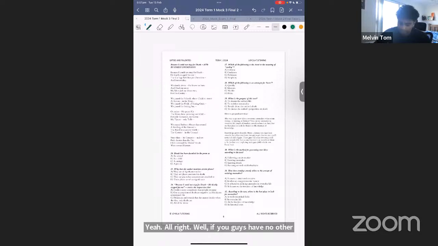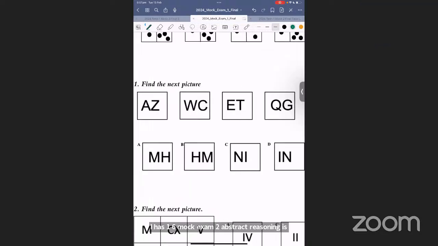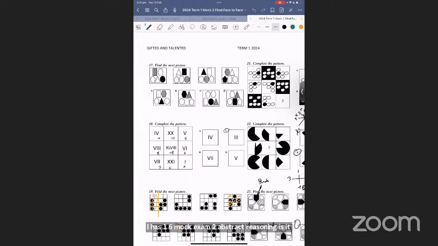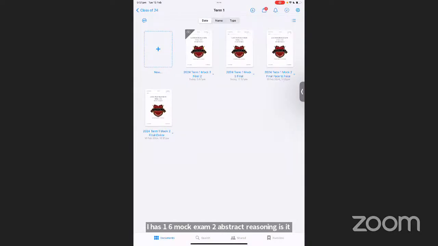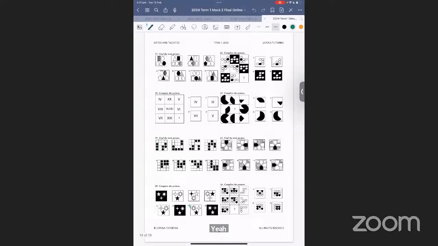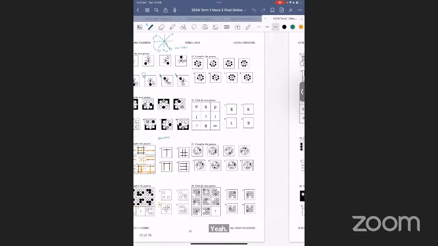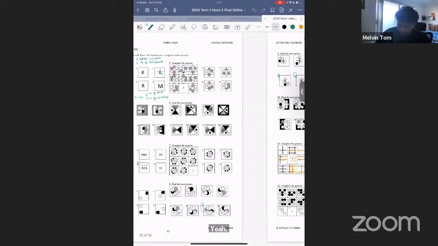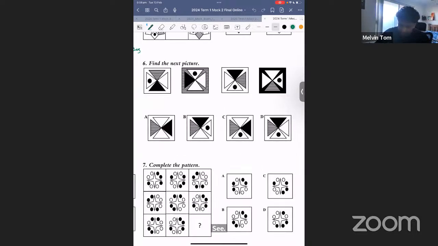Mock exam 2, abstract reasoning, is it? Yeah. This question, right? Yes.